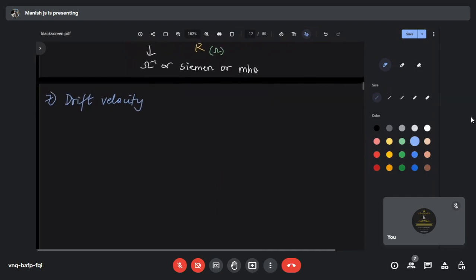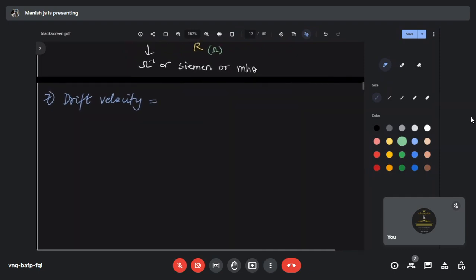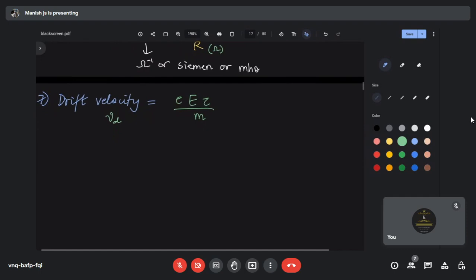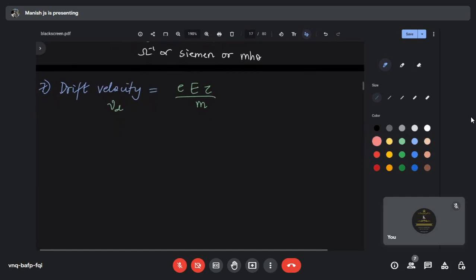This is represented using the letter Vd. It's electron charge times electric field into relaxation time tau upon m, which is mass. So we express it like this.